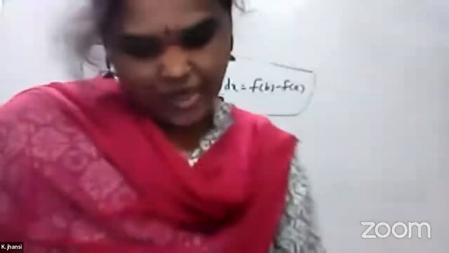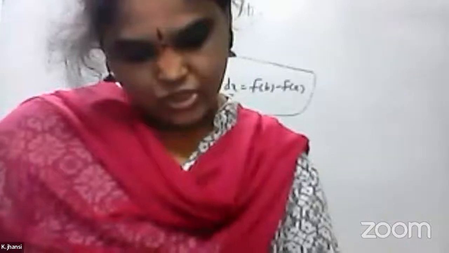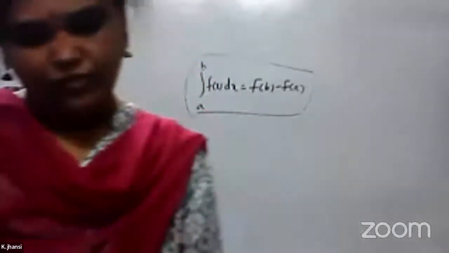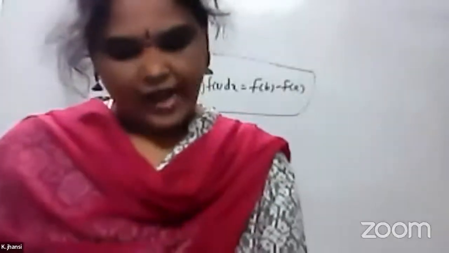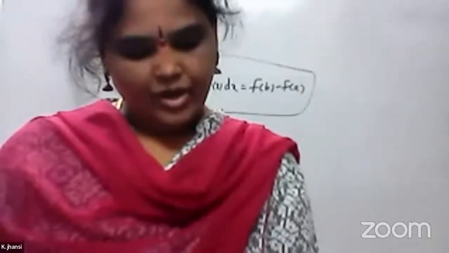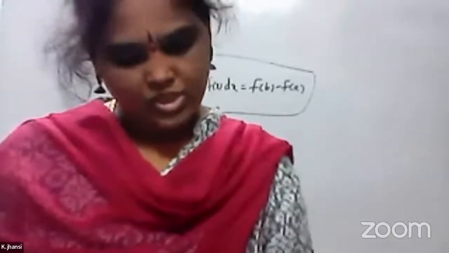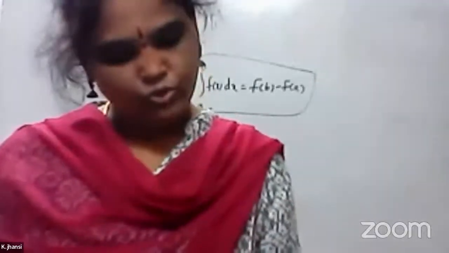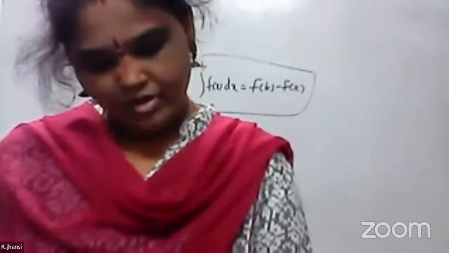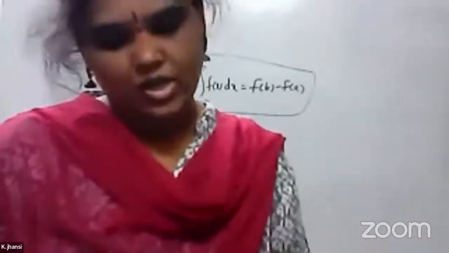So on page number 45, the first one is there. We list below a few important properties of definite integrals and establish them. These are useful in evaluating definite integrals. So how many are there? Means 1, 2, 3, 4, 5, 6. So proofs they will not ask.